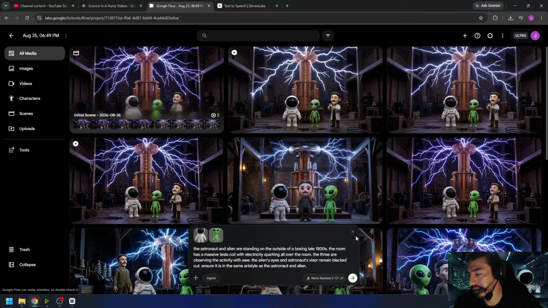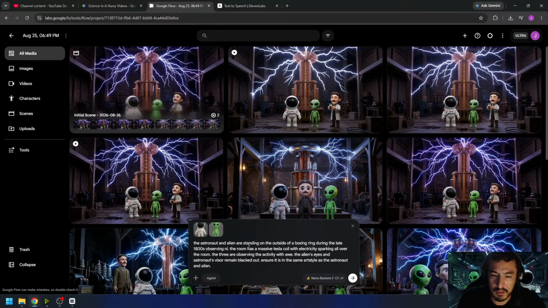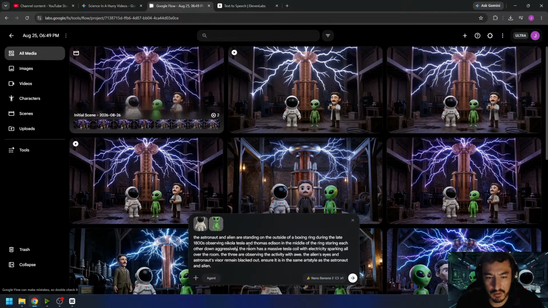Say that they're standing outside a boxing ring, I guess, on the outside of a boxing ring during the late 1800s, observing Nikola Tesla and Thomas Edison in the middle of the ring, staring each other down aggressively.